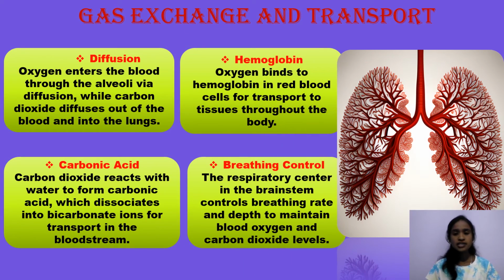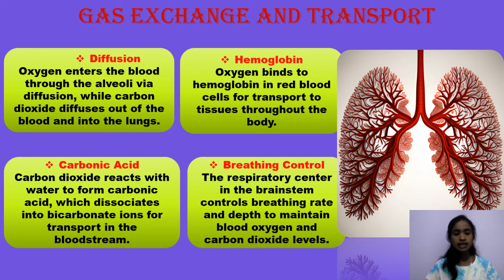Gas exchange and transport. Diffusion. Oxygen enters the blood through the alveoli by diffusion, while carbon dioxide diffuses out of the blood and into the lungs. Hemoglobin. Oxygen binds to hemoglobin in red blood cells for transport to tissues throughout the body. Carbonic acid.